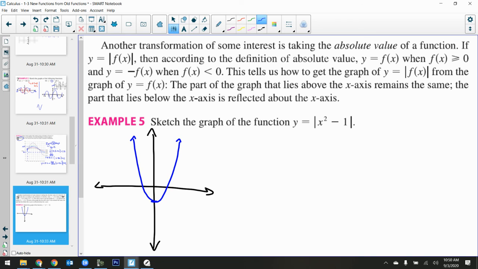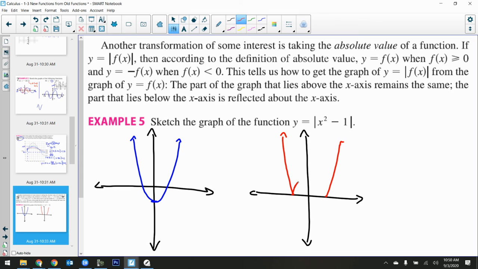Now what an absolute value is going to do, it's not going to flip the whole thing around. It's only going to take the piece that's below the x-axis and flip it upward. So it's going to look like this. Like that. Isn't that kind of cool?